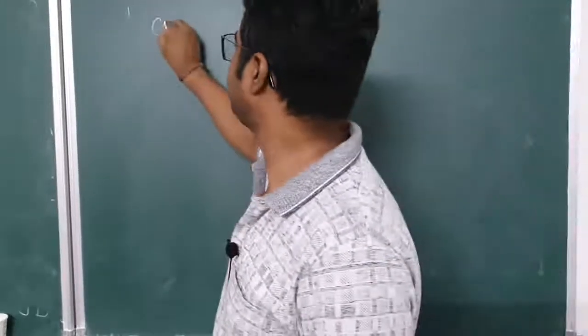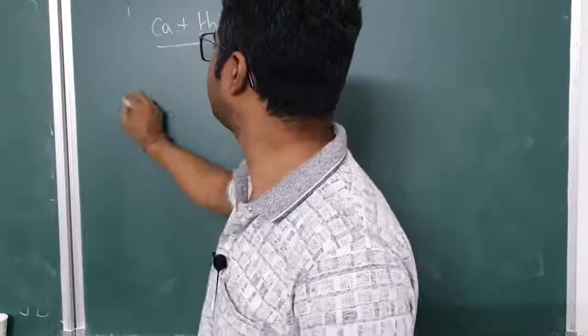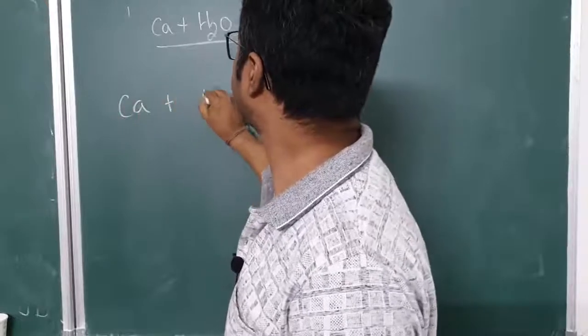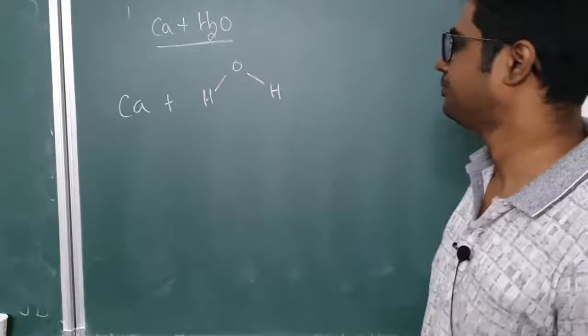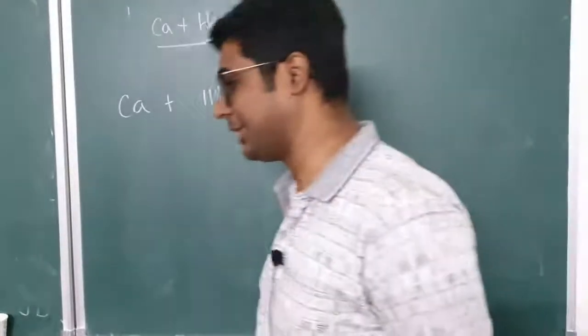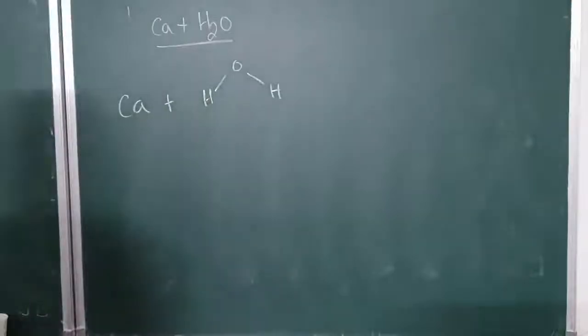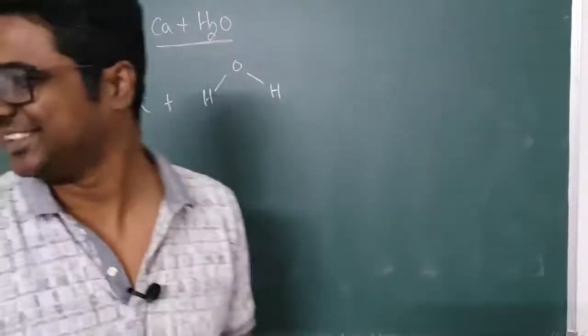Calcium plus water. What is the electronic configuration of calcium? First of all, the number of electrons in calcium is 20.